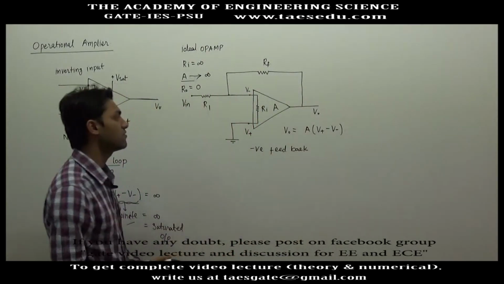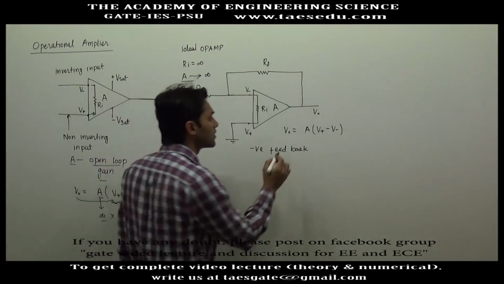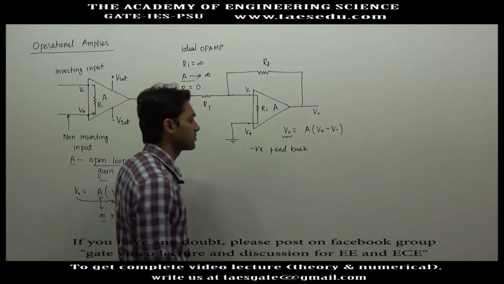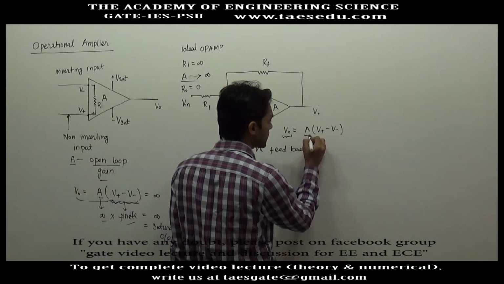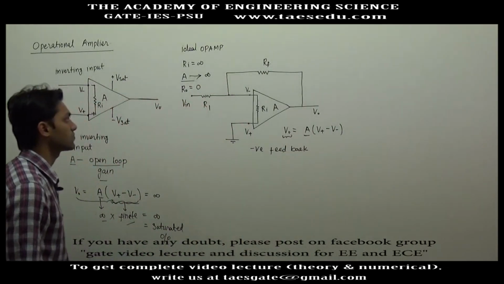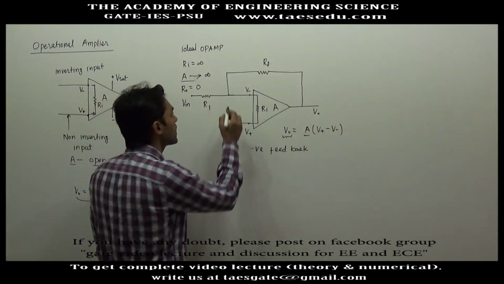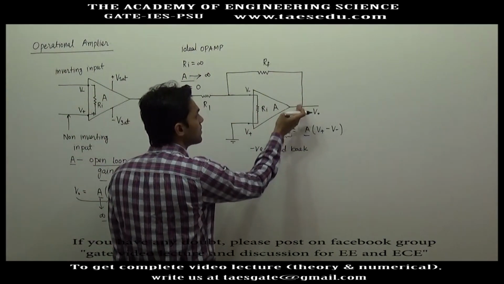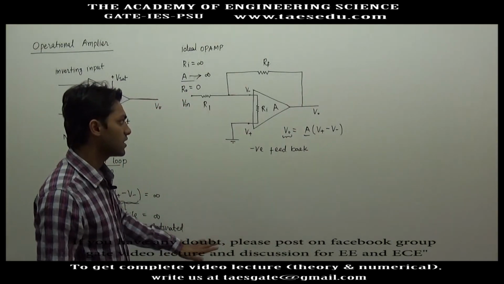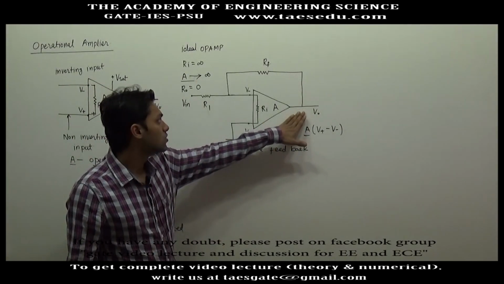We will shortly derive that if this op-amp is connected with negative feedback, we will get a finite output voltage, despite the fact that its open loop gain is infinite. Now if you want to calculate the feedback factor, how much feedback is coming from the output voltage to this terminal, obviously the feedback will be of this output voltage.